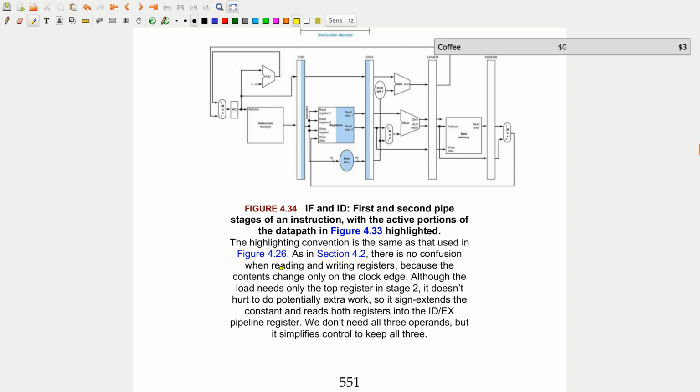There is no confusion when reading and writing registers because the contents change only on the clock edge. Although the load needs only the top register in stage 2, it does not hurt to do potentially extra work. So it sign extends the constant and reads both registers into the instruction decode execute pipeline register. We don't need all 3 operands, but it simplifies control to keep all 3.